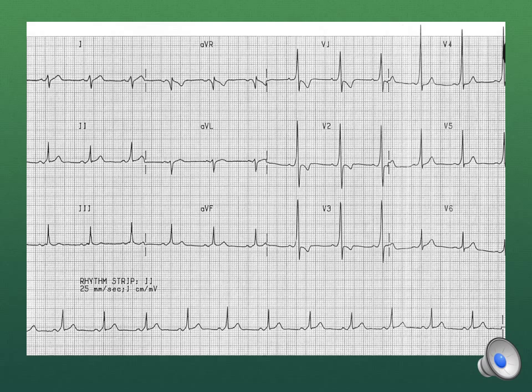But note the very slurred appearance of the QRS complex. That's going to be our delta wave. We have a delta wave that's mostly recognized in our precordial leads in V1, 2, and 3. Note that at the very beginning of the QRS complex, it's very slurred in appearance. This is an example of Wolff-Parkinson-White, subtype 1A, if anybody's curious. And we'll talk about those subtypes in a later lecture.